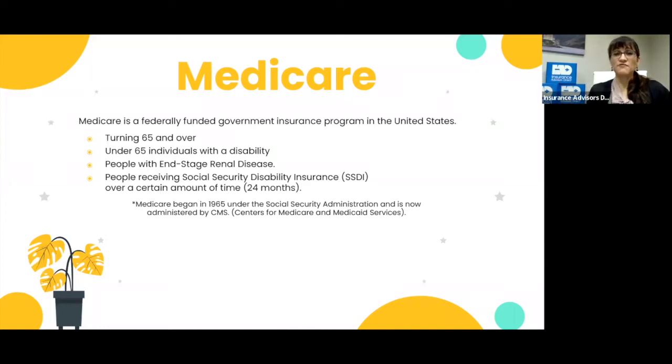Brief little fact, Medicare began in 1965 under the Social Security Administration and is now administered by CMS, who regulates a lot of our sales techniques, as you know.